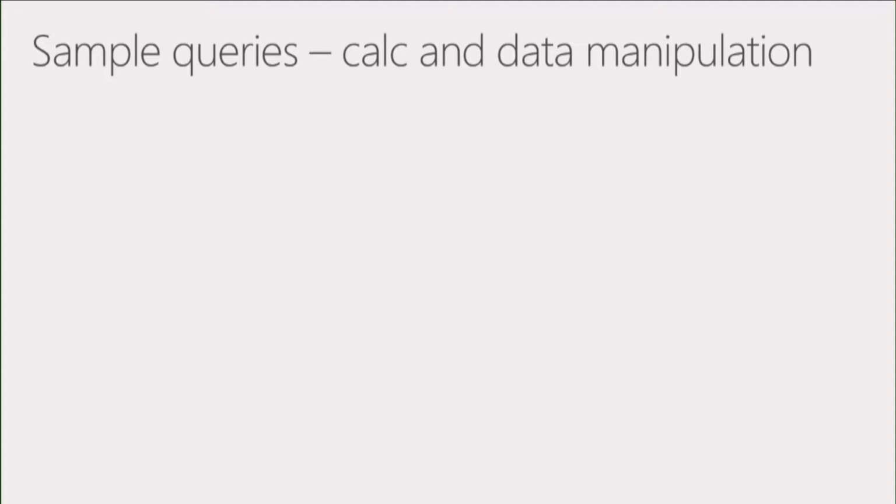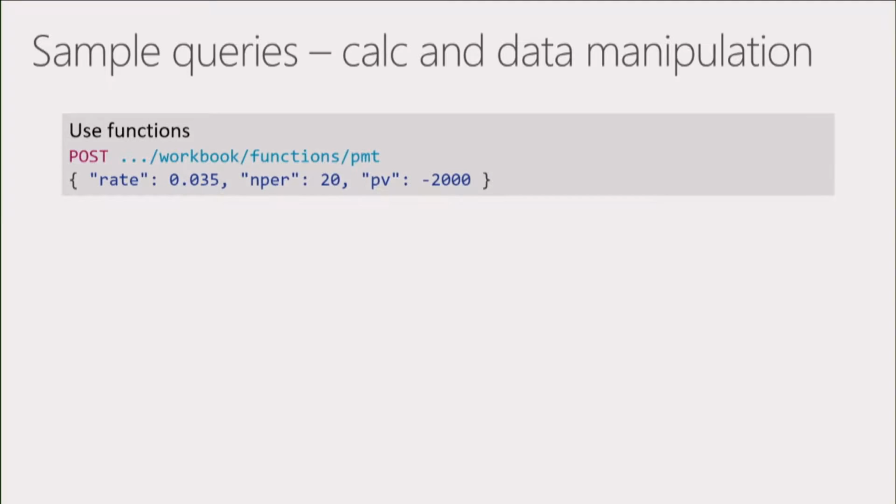There's another set of sample queries that I have here, for example, doing data calculation. All of the functions, more than 300 functions in Excel, are available. And here is a really good value proposition for you when you're developing code.